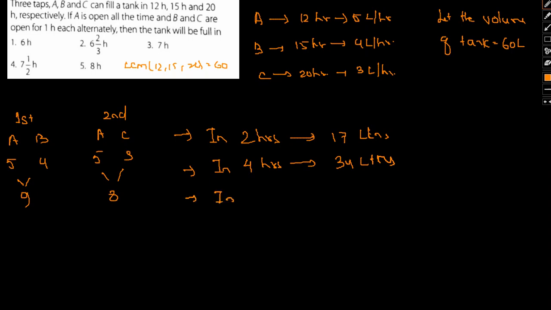In 6 hours therefore 51 liters will be filled. Okay. Now in the 7th hour, if you see, first A and B will be working, second A and C. Again, in even hours A and C will be working, and in odd hours A and B will be working. So therefore in the 7th hour A and B will be working, that is 9 units. So in 7 hours 60 liters will be completely filled.